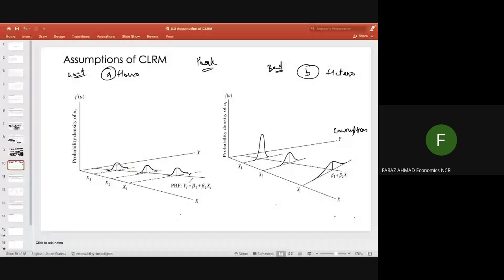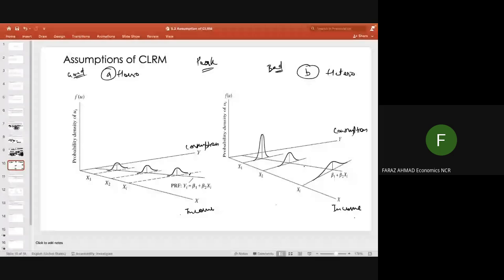So suppose this is consumption and this is income. Consumption depends on income. If income rises, consumption rises. That's good because you can see this line is going away from the x-axis. This is the x-axis, the income axis, and this line is going away from it.